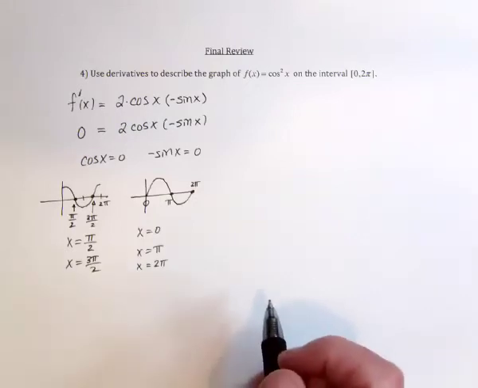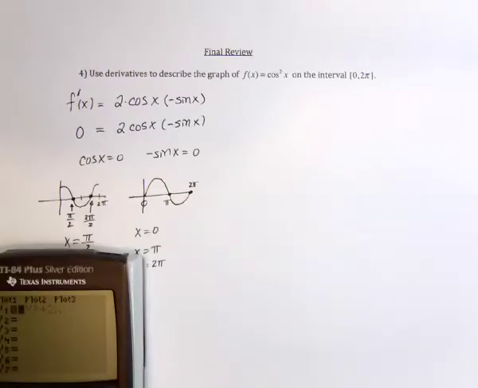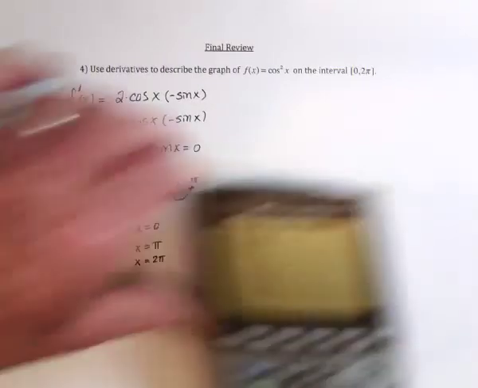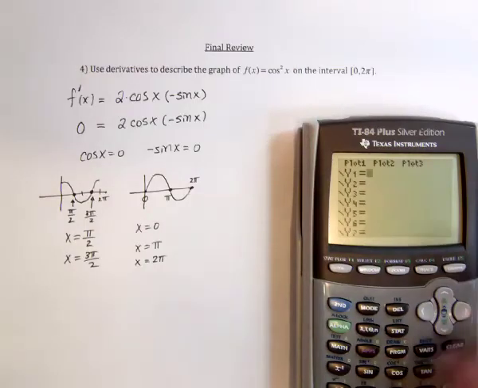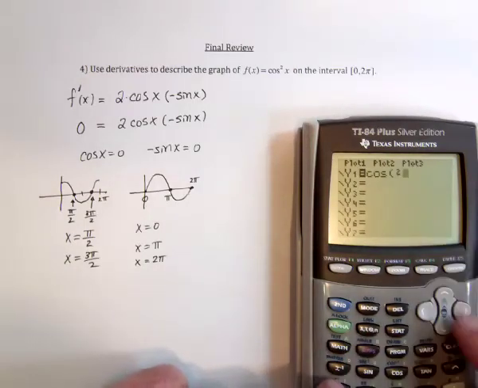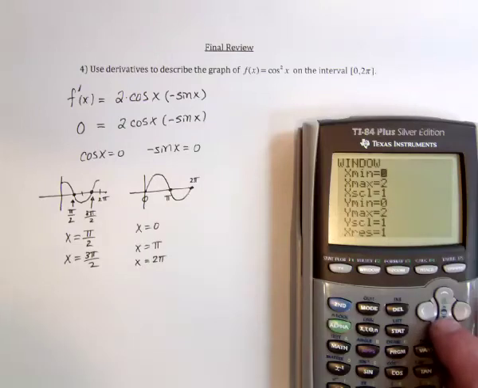And then let's see if we can make any sense out of this graph. So cosine of x squared on the interval from 0 to 2 pi.